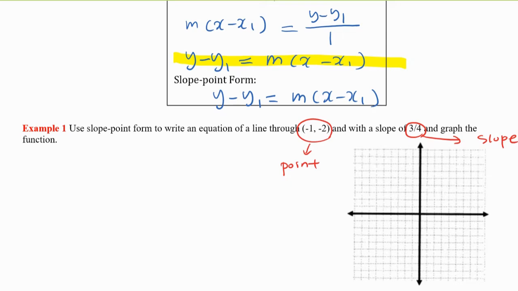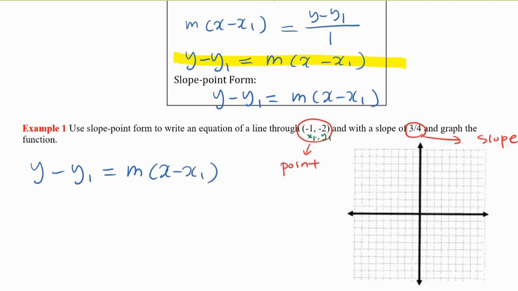When you have the point, the first value, the x value, will be x1, and the y value is y1. So remember it. Now we're going to use the formula: y minus y1 equals m times x minus x1.